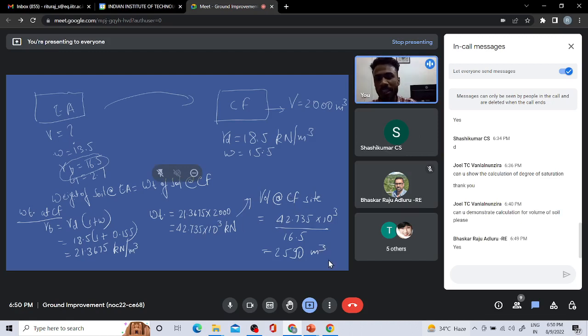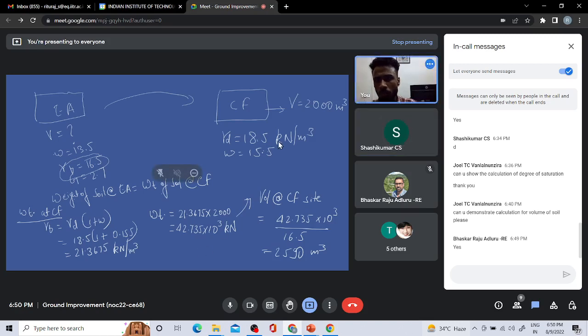Okay, so you are saying we need to calculate the dry weight, is it? Yes, sir. What I'm understanding is the bulk density of the compacted fill is different, and the bulk density of the borrow soil is different. Now you are calculating using the bulk density of the compacted fill. How can that be the same as that of the borrow area, which has different properties?